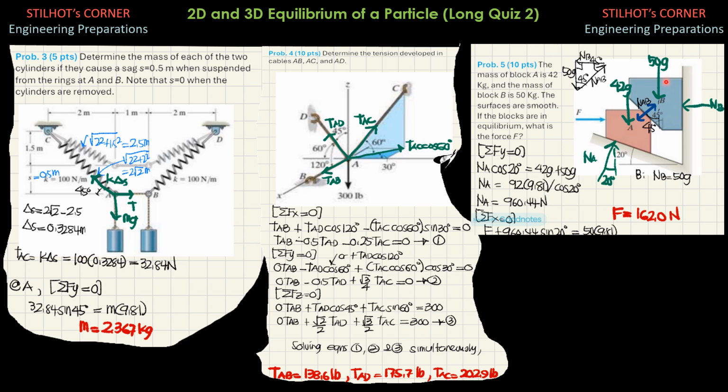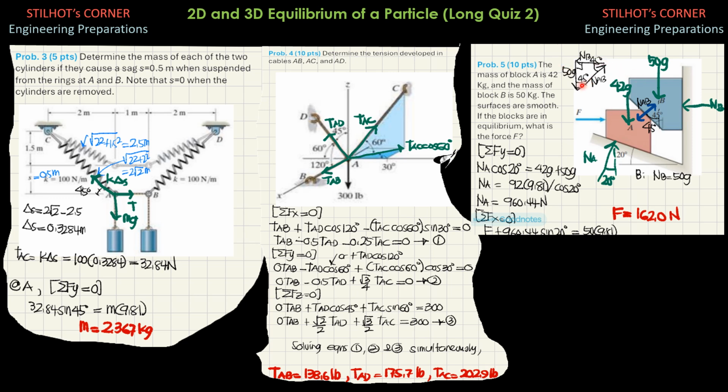So again, considering the free body diagram of B, the angle that normal AB makes with the vertical is also 45 degrees because that's given. So we have 50 times G, then the normal AB, which makes an angle of 45 degrees with the vertical, then the normal at B, which is horizontal.